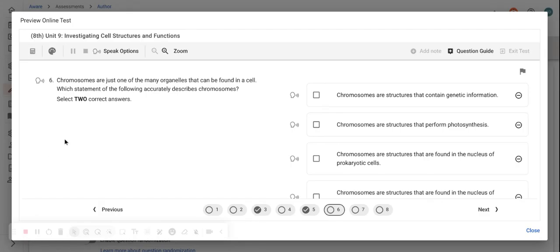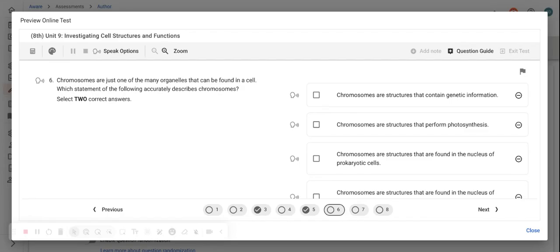All right, so chromosomes are just one of many organelles that can be found in a cell. Which of the following statements accurately describes chromosomes? And it says to select two answer choices. So make sure that you are slowing down and doing process of elimination for these. So what are chromosomes?